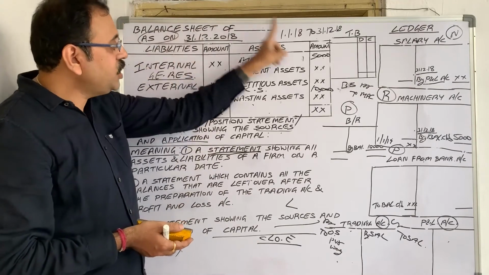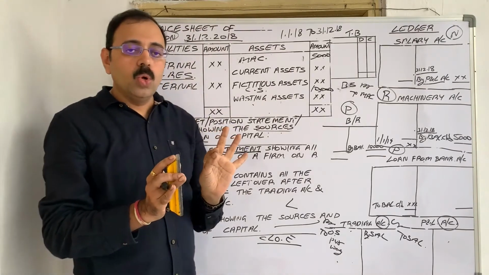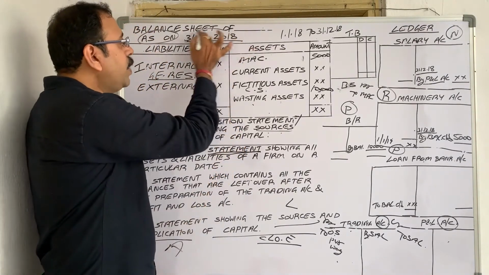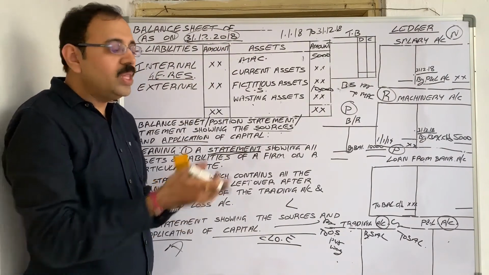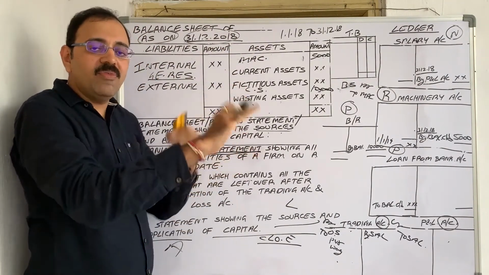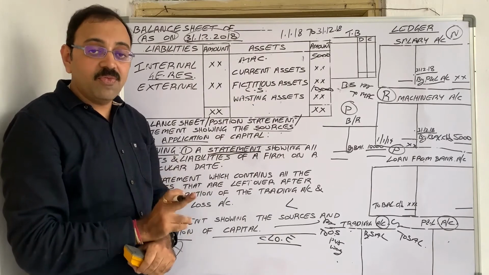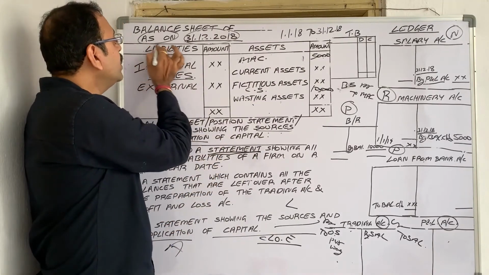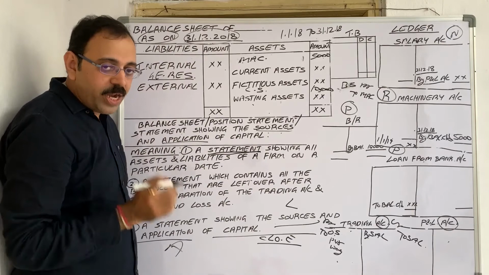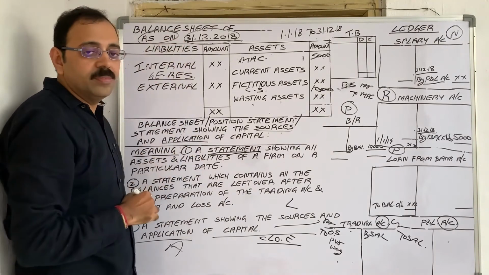So the balance sheet values are true only for that particular date. This balance sheet is not applicable for the next date. Therefore, we should not write year ended. We should write only as on.